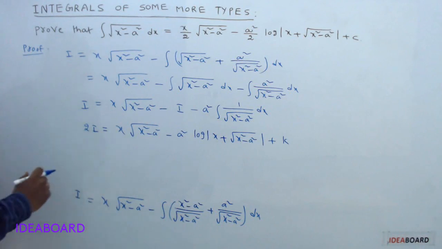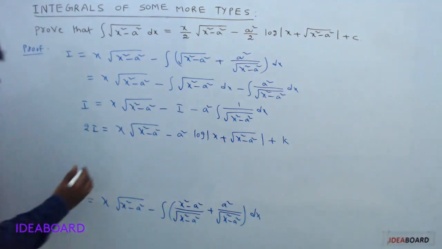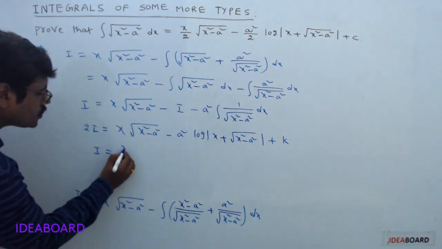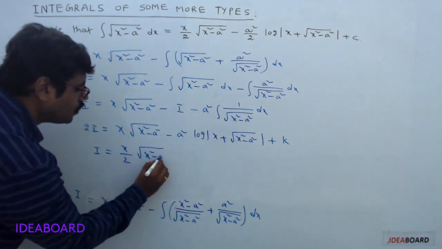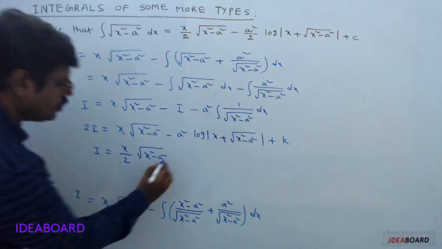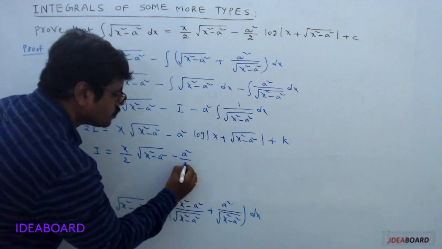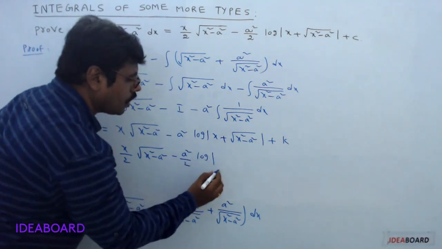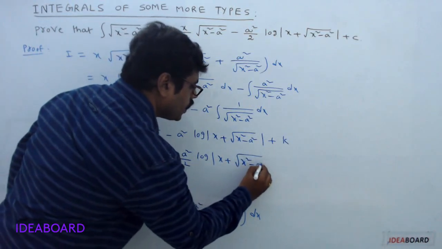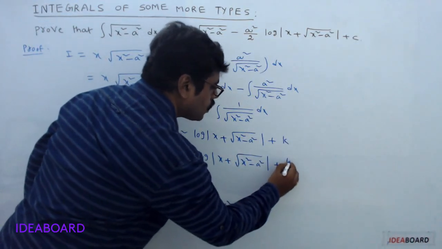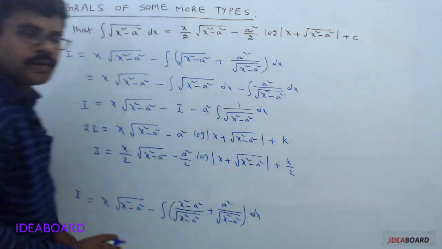Dividing on both sides with a constant 2, it is I equals x by 2 into square root of x square minus a square minus a square divided by 2 into log mod of x plus square root of x square minus a square plus k divided by 2.